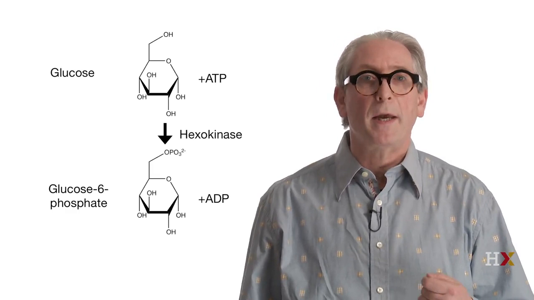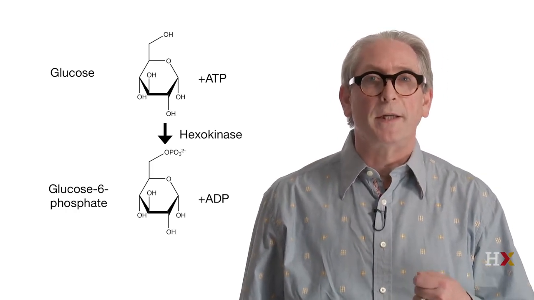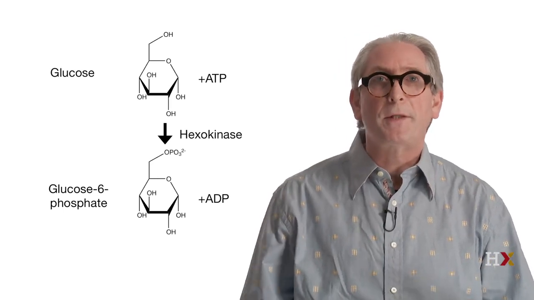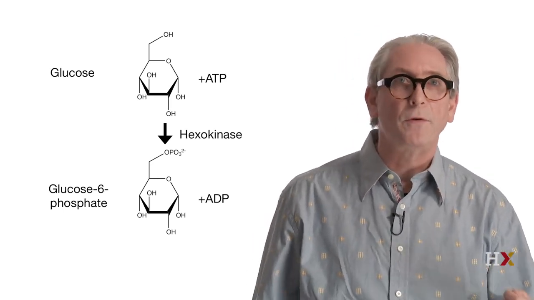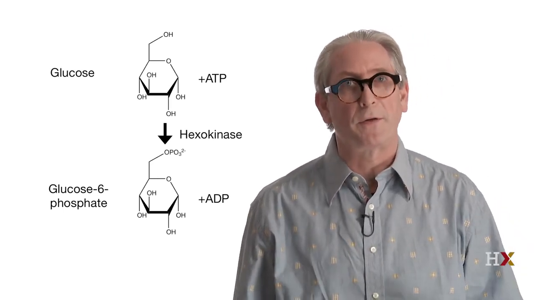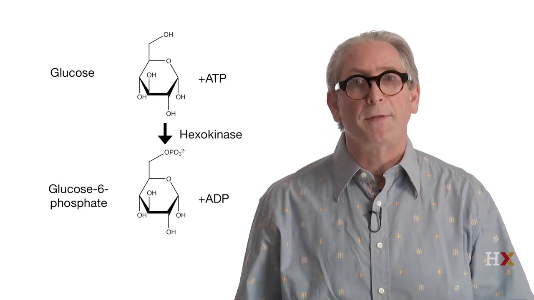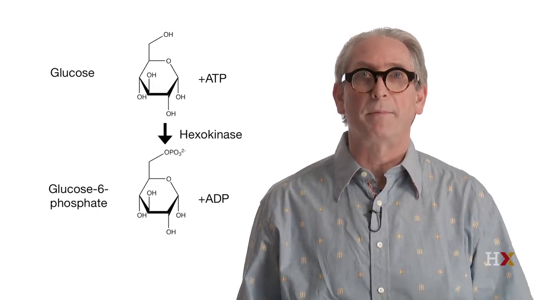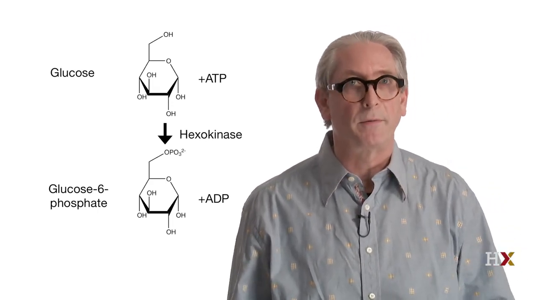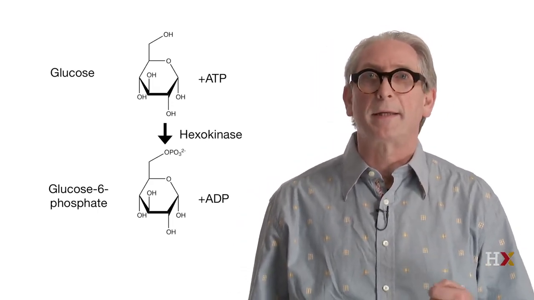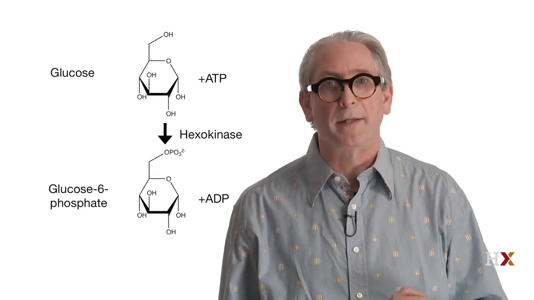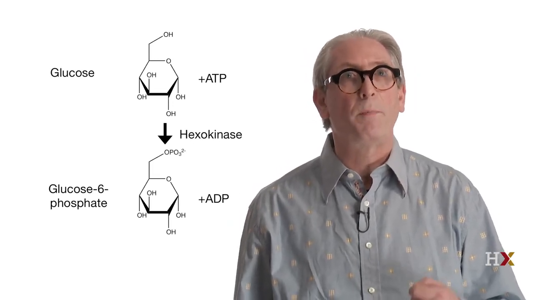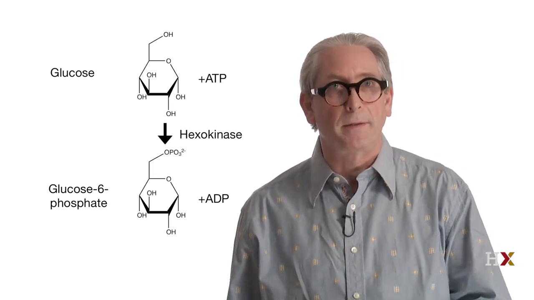spontaneous. Now, imagine that we have in a test tube a specific concentration of glucose and a specific concentration of ATP, and if this reaction relies solely on the random collision between glucose and ATP molecules, we can estimate that the rate of the reaction in this case will be 10 to the minus 13 mole per liter per minute.